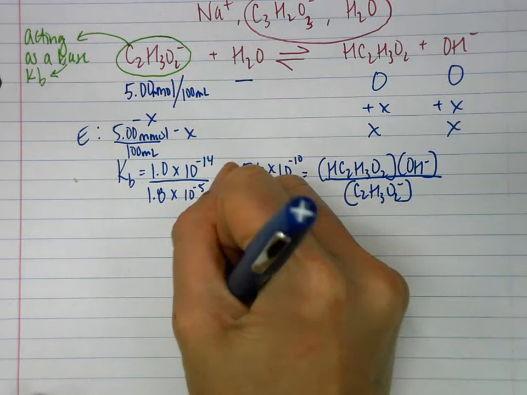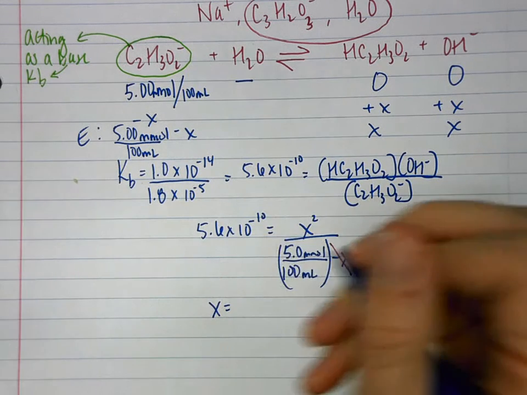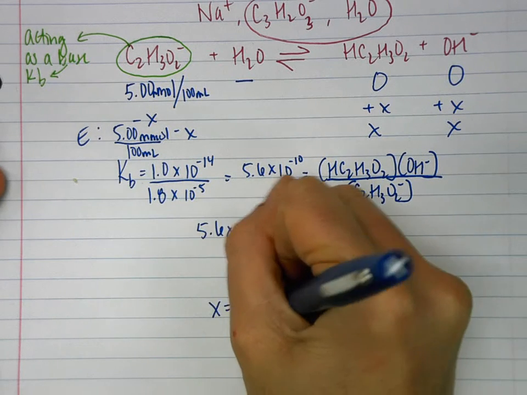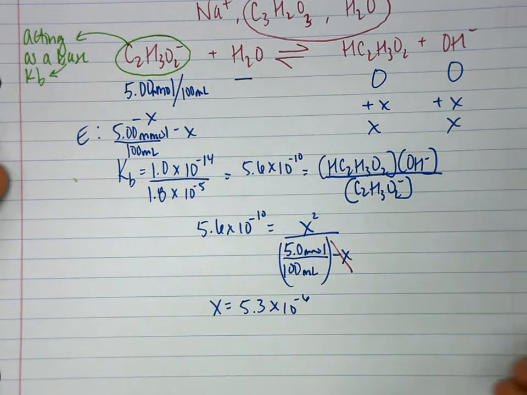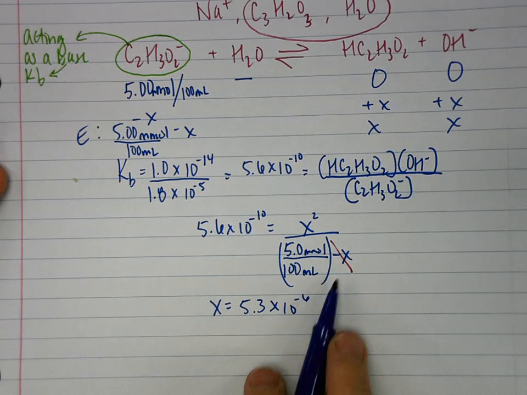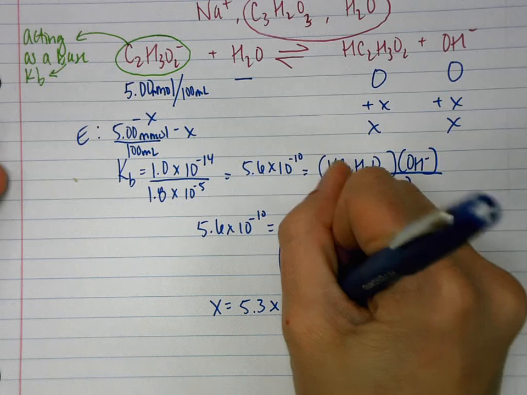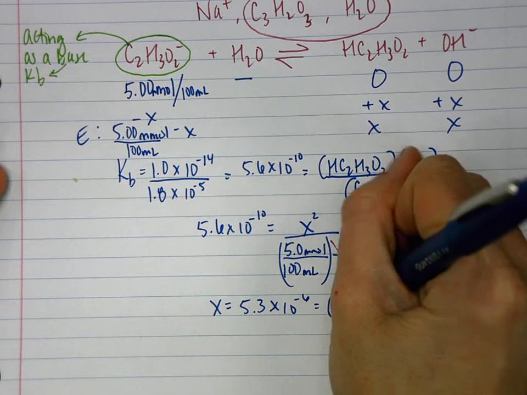x. When we solve for everything, you should get x equals 5.3 times 10 to the negative 6. Now this is important. This is our hydroxide concentration.